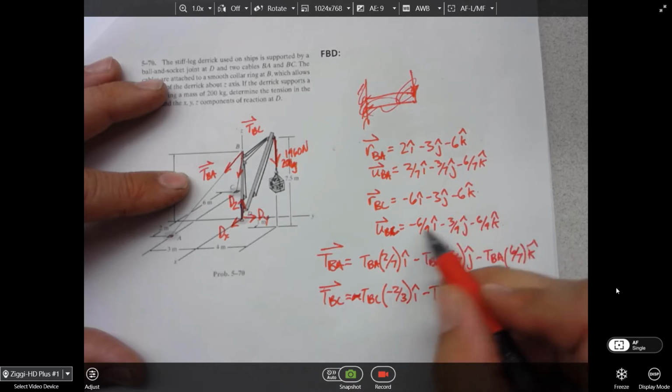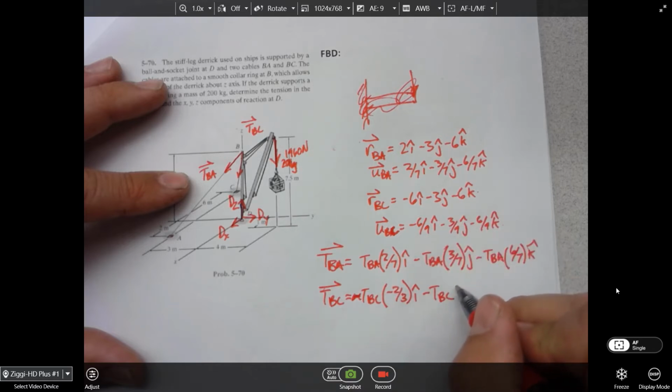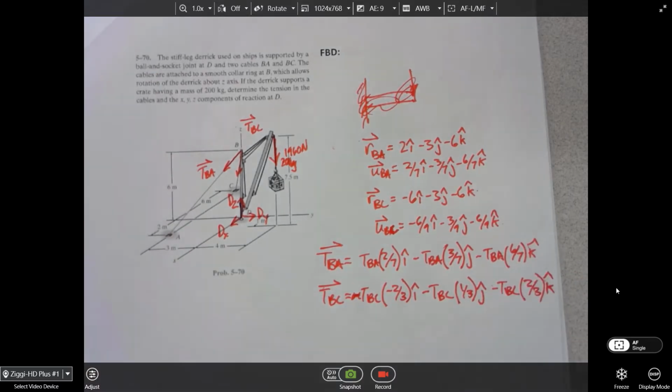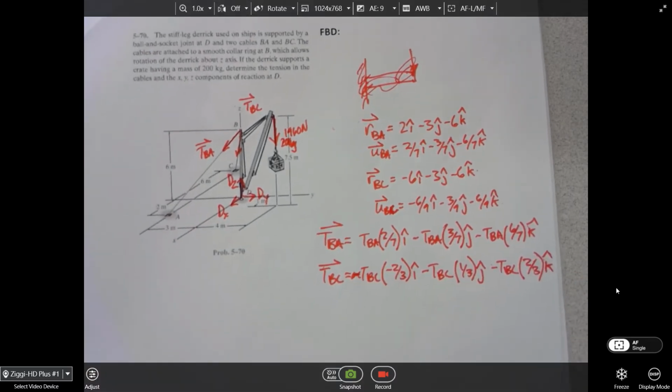Oh, I guess I would put the negative in there, that's fine. Minus TBC times 1/3 j hat minus TBC times 2/3 k hat. Everyone all right with this?